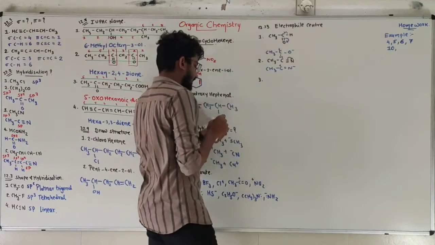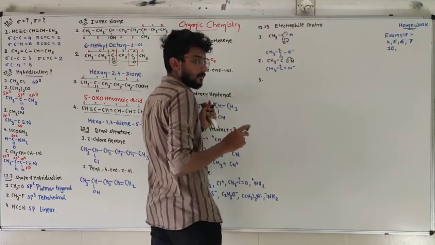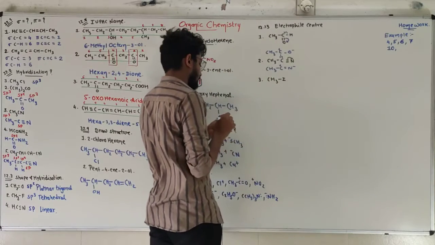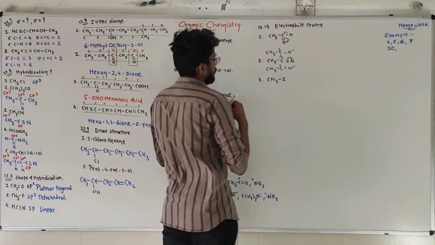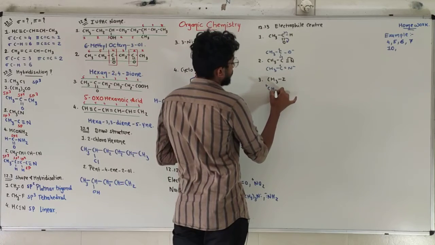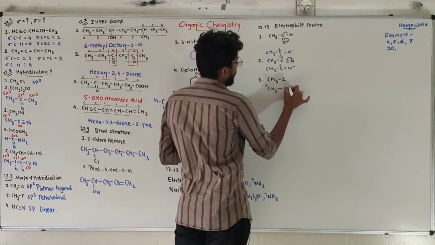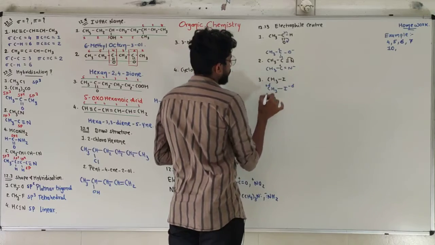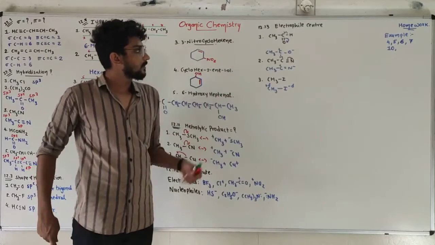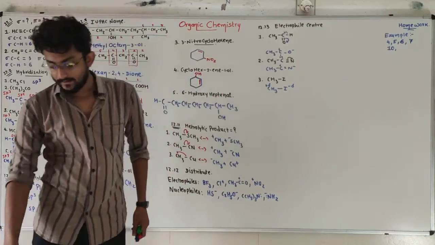That plus carbon is our electrophile center. Then CH3I: because of the inductive effect, C partially positive and I partially negative. So that was about the electrophile center.